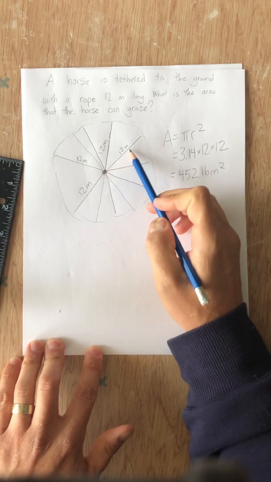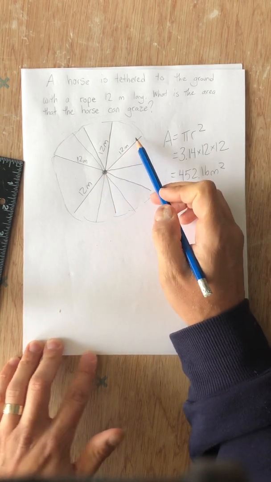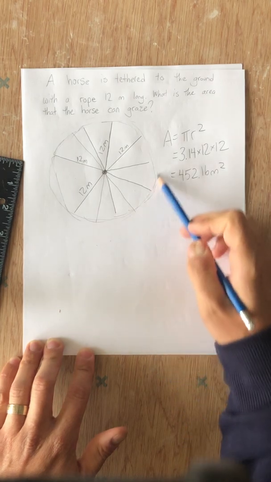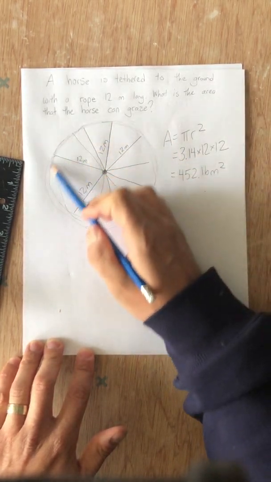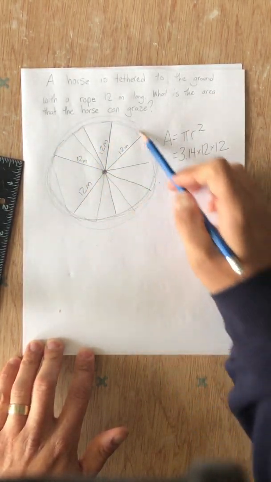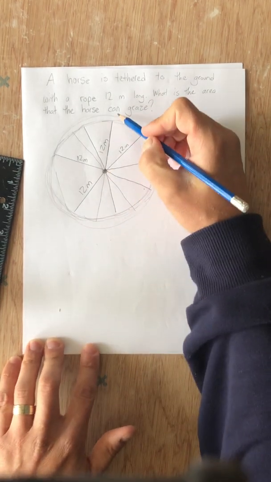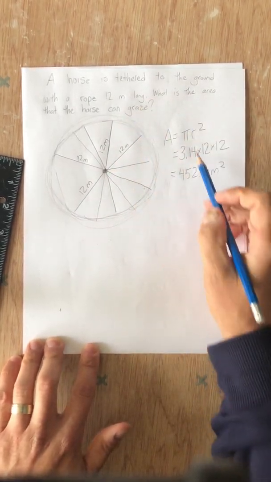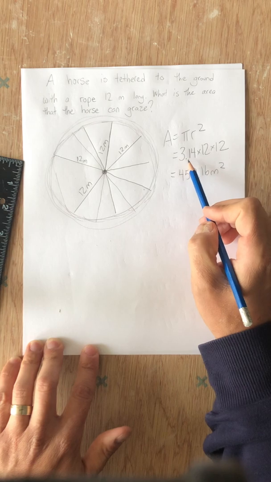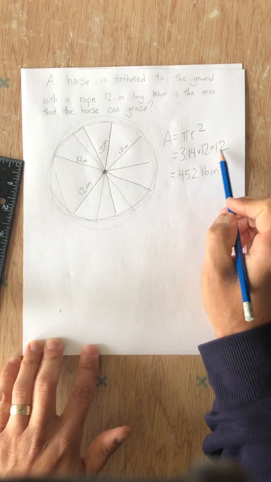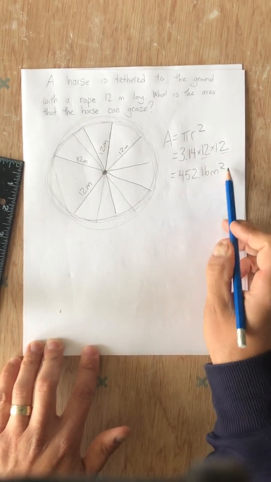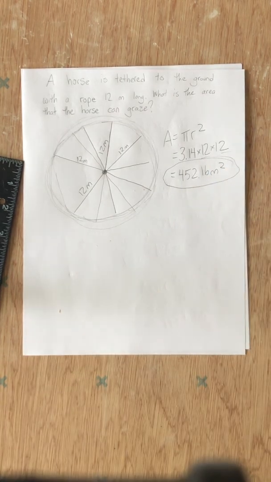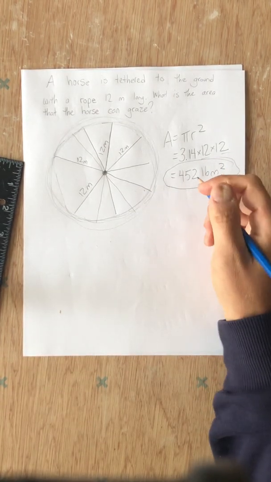It can go as far out to pull that rope tight to here and also all the way around the outside, so it can go anywhere in this circle. That circle has a radius of 12 meters. I find out here that 3.14 times 12 times 12 gives the area that that horse can travel around.